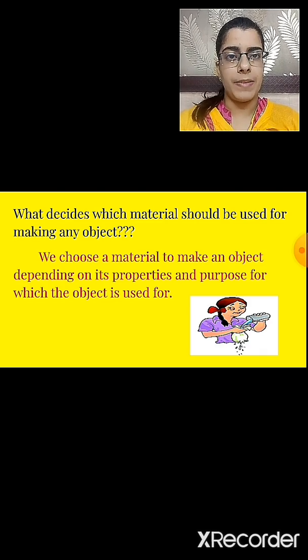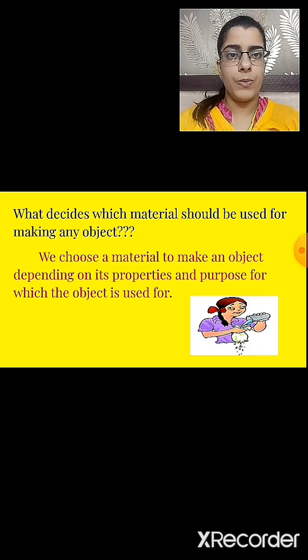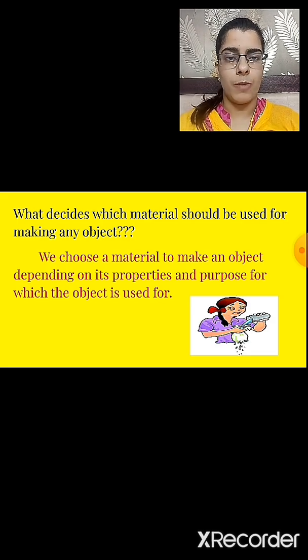For example, if we have to make a tumbler, a tumbler is used to fill water. So, if we use cloth as a material to make a tumbler, will it be useful? No, it will not make any sense, as if we use the cloth, all the water will leak out. So, we have to choose the material depending on its property and the purpose the object is used for.